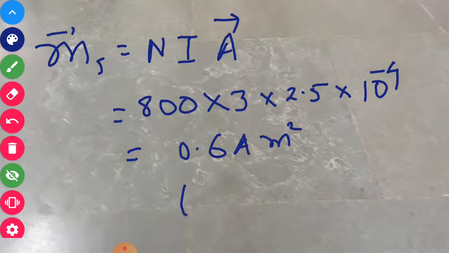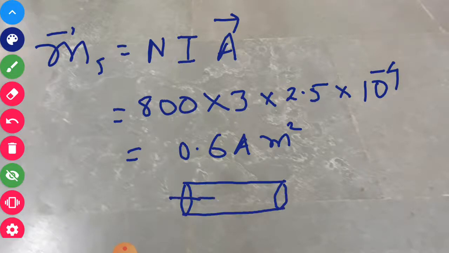Now if you consider the solenoid this way, then the axis of the solenoid is this. This is the axis of the solenoid. And in the direction of the axis of the solenoid, this magnetic moment will be, because the area vector is in the direction of the axis of the solenoid.